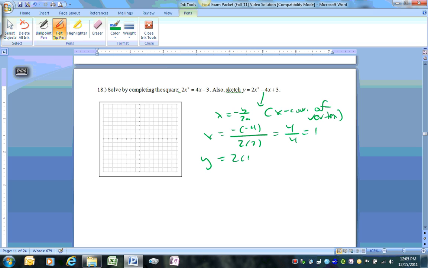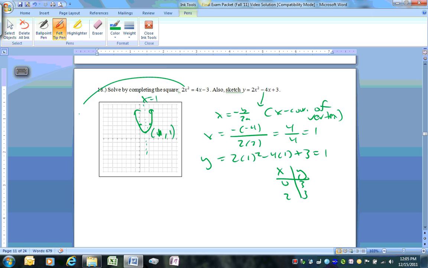To find the y coordinate of the vertex, you get 1, so 1 comma 1. Quick table. Let's plug in 0 and 2. You should get 3 and 3. Smiley face. And if you're asked to find the axis of symmetry, that'd be x equals 1. The vertex, again, we know is 1, 1.